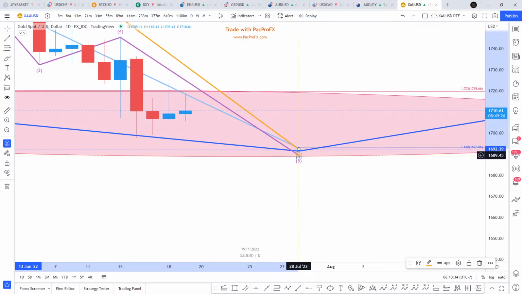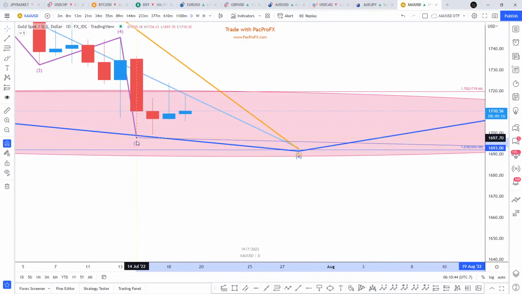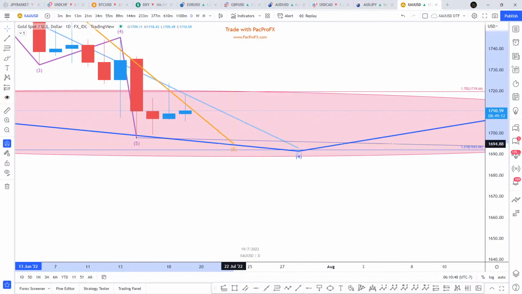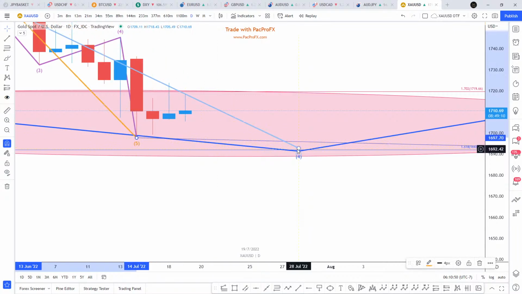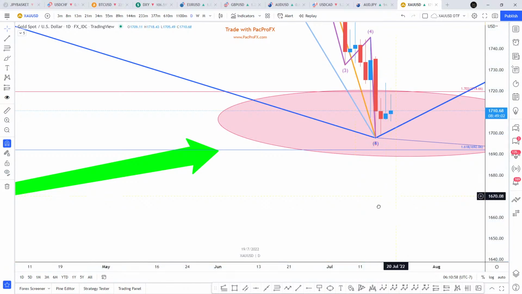But it looks like one way or another, we're going to see a small pullback, and then we may even go lower. But for right now, we'll have to see.